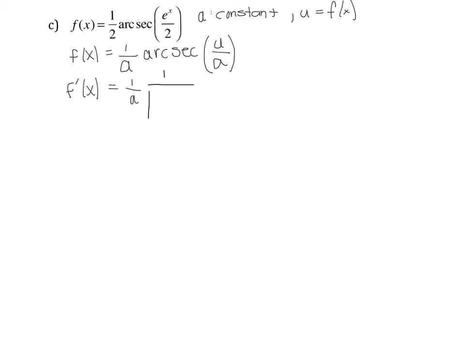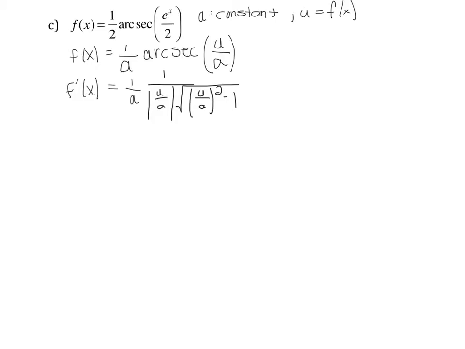So 1 over the absolute value of u over a, and then times the radical of u over a squared minus 1.